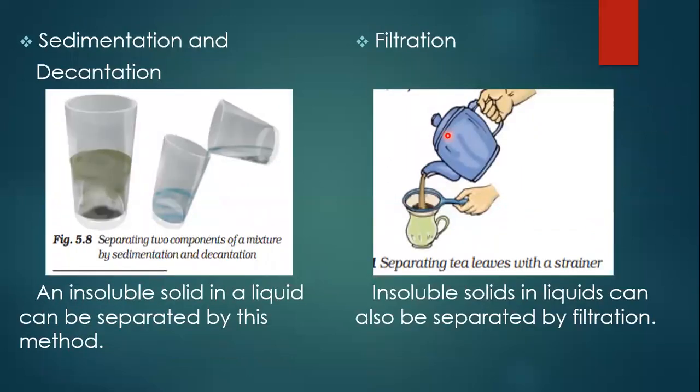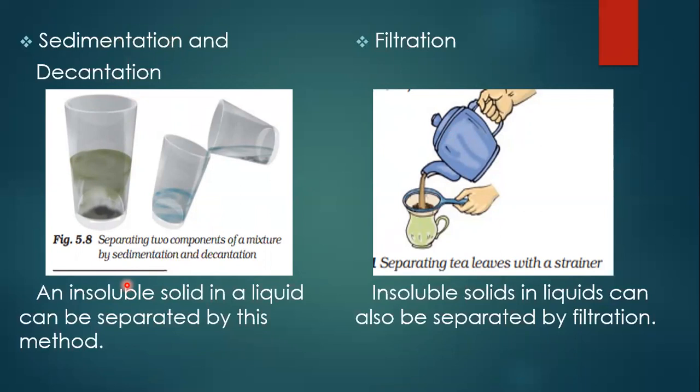Now we will discuss the methods of separation that involve a solid and a liquid. An insoluble solid in a liquid can be separated by sedimentation and decantation. What is an insoluble solid? A solid that does not dissolve in a liquid is called an insoluble solid, like stones.